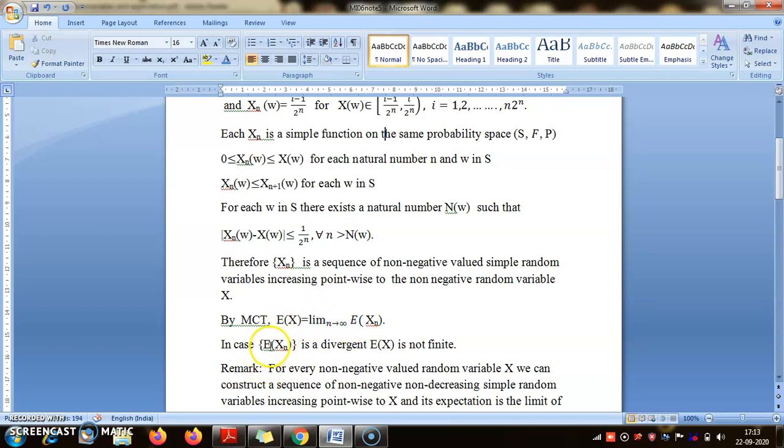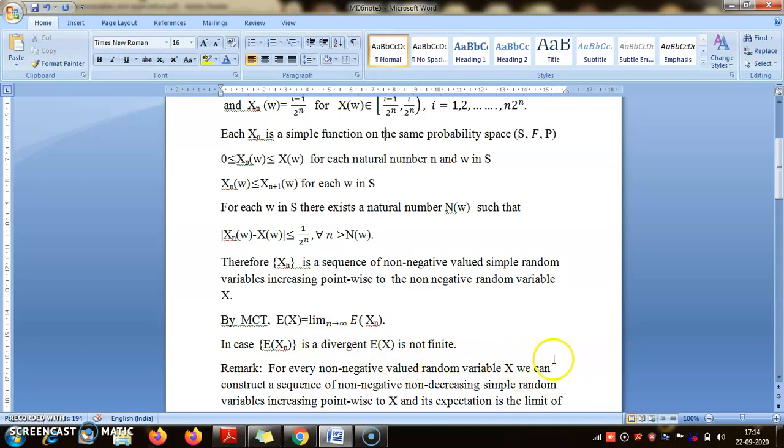When xn's are non-decreasing, the expectations of xn's are non-decreasing. Now a non-decreasing sequence will always have a limit. That limit may or may not be finite. If this sequence is divergent, then expectation of x is not finite.